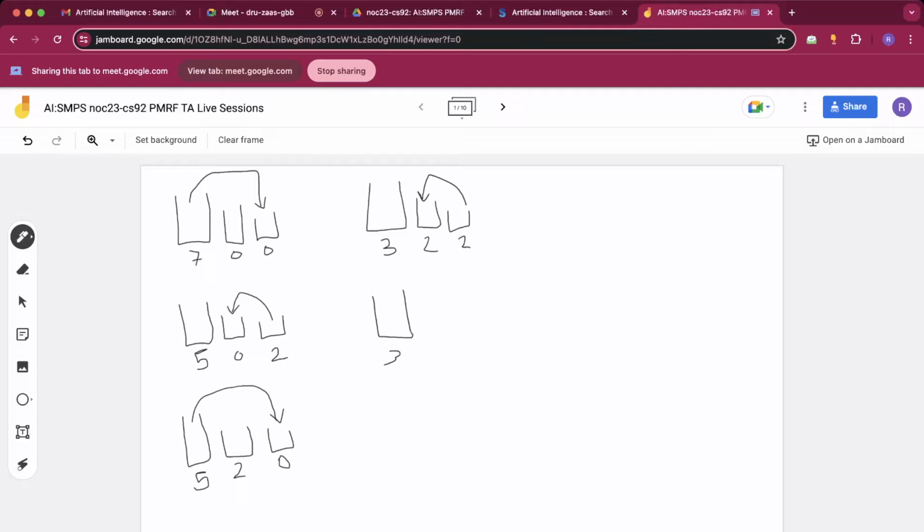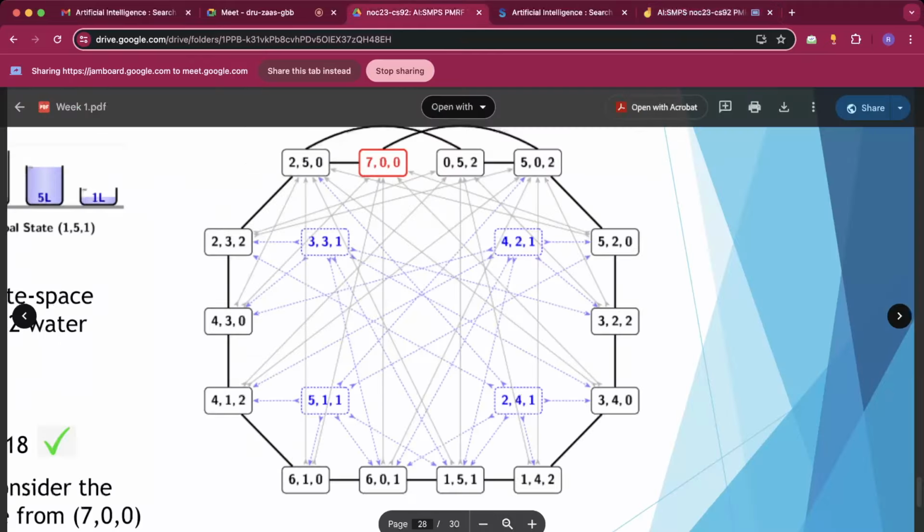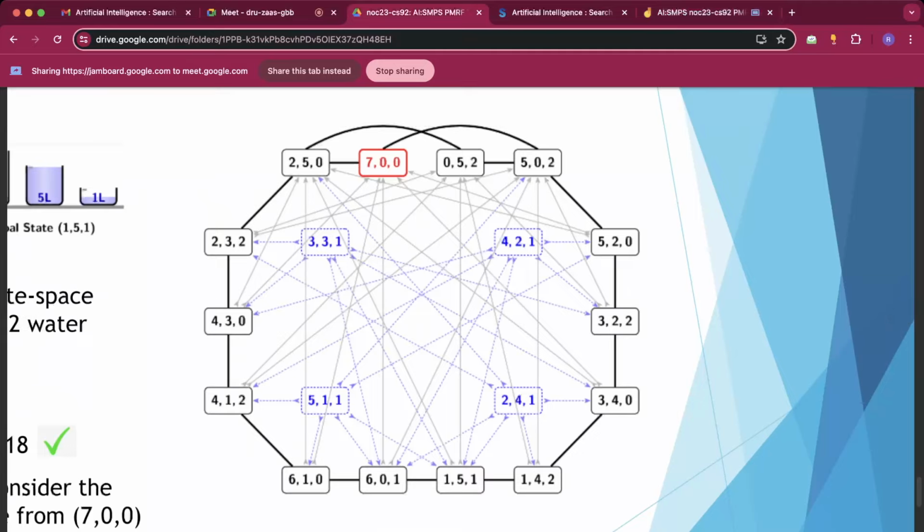So this will remain 3, this will become 4, and sorry about that, I'm using a touchpad to draw, so the drawing is horrible, but please bear with me. So we have 340. Next what we do is we further pour out 2 liters into the rightmost jug.